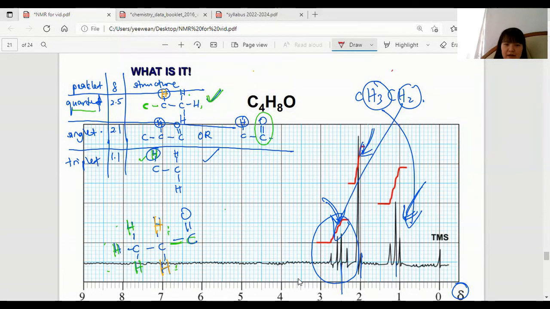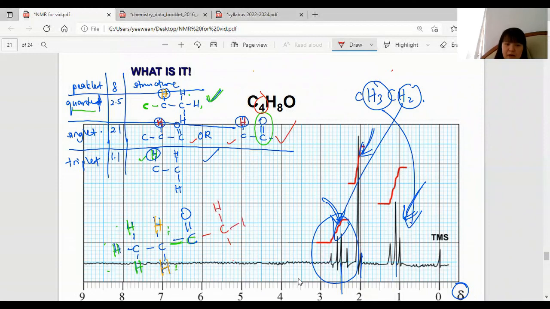Okay, now should I take the left or the right structure to overlap this? So I have a CO and H. Say this H, or is it this H? If it was this H, there would be another carbon here, which is not possible because there's only 4 carbons. So I'm going to choose this structure to overlap my puzzle.